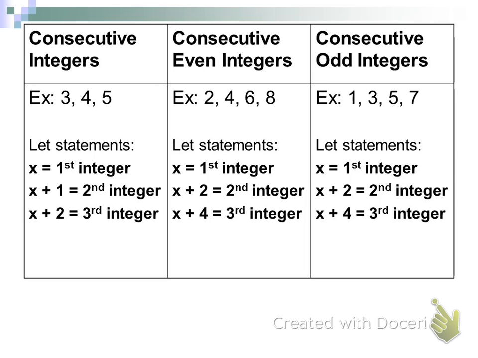Here's where they get super fun. Yes. I'll give you some time to write this down. You have a little chart in your notes. But this will help explain the words that you'll see a lot in these problems. Consecutive integers just means numbers right in a row. Consecutive even integers.